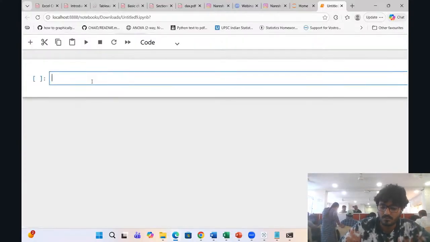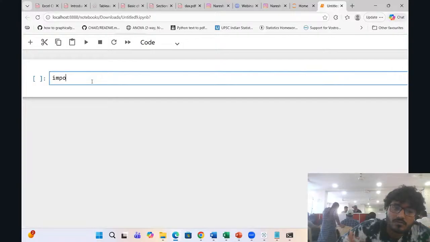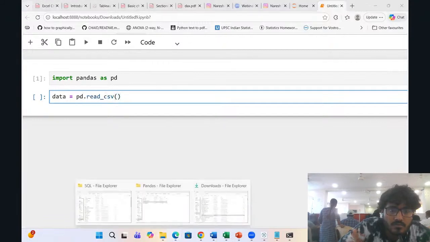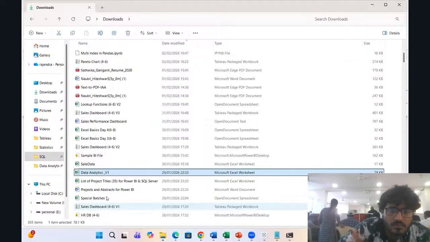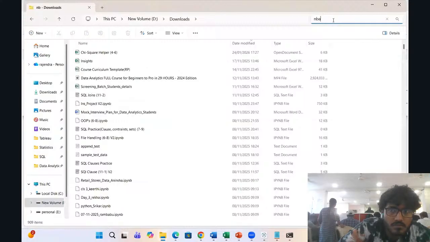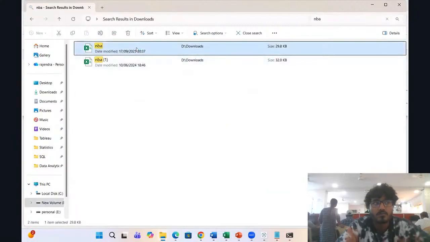Okay, so how can we do that? To handle the data frame, we need the pandas library. How can we import the library? import pandas as pd. Everyone is good at this. I want to import the data. Let's say data is equal to pd.read_csv. We have a function called pd.read_csv. You need to copy paste the path. Go here, there is a file.